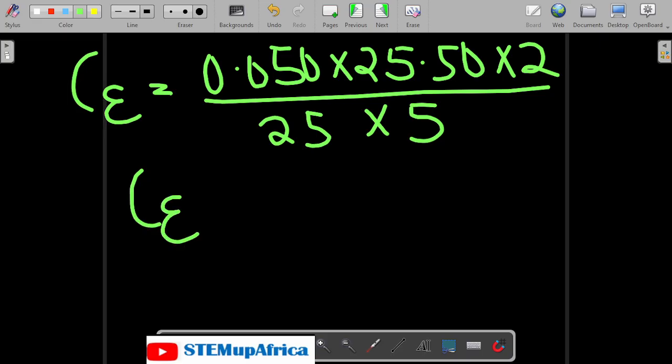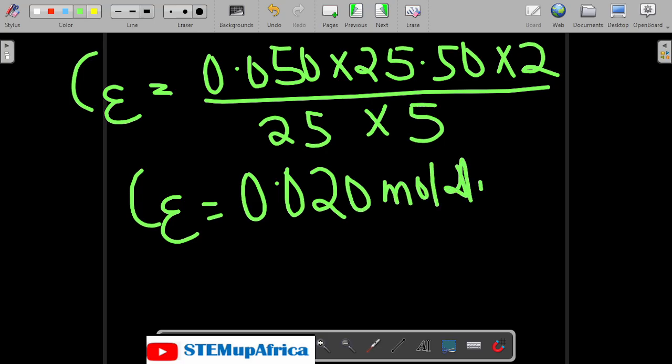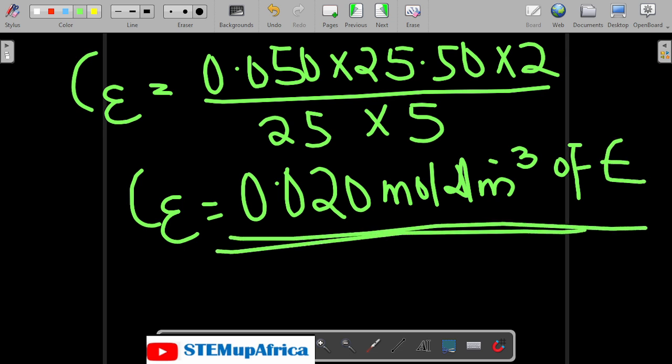So what will be Ce now? Let's see. We're having 0.020 mole per dm cube of E. So that is the solution to question E, Roman figure 3.